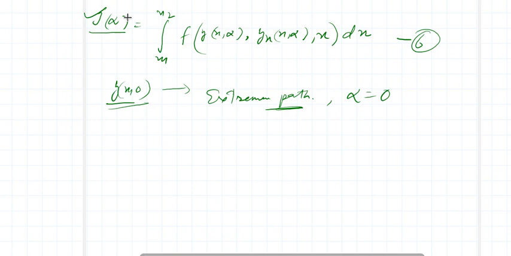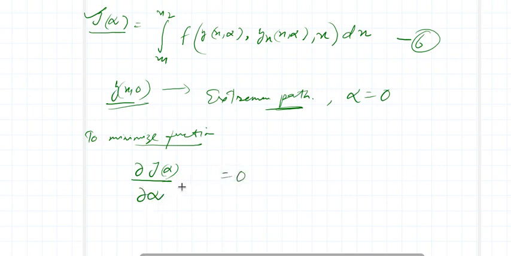That means we are trying to minimize the thing, and when we minimize, we have to use the idea of differentiation. So for the extremum path, or to minimize the function, what will you do? You will take the derivative of J(alpha) with respect to alpha, and it must be equal to 0, and for your desired path alpha must be equal to 0.